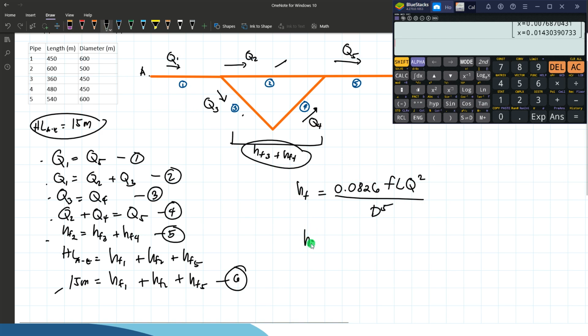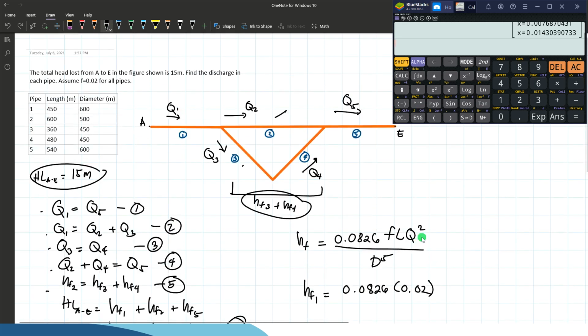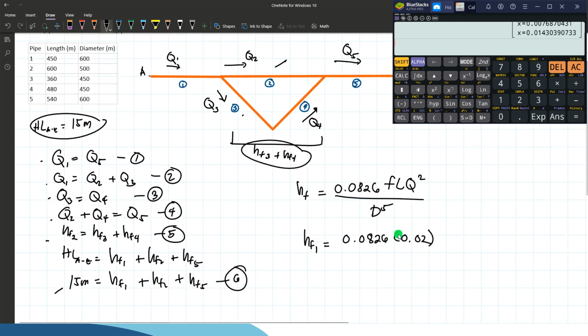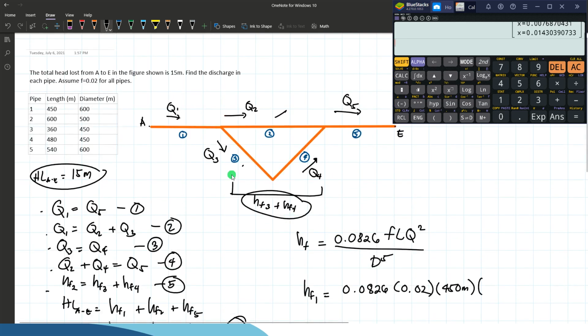Okay, for pipe number 1, substituting the values, 0.0826, F is 0.02, L for pipe number 1 is 450, Q, do we have a given Q?